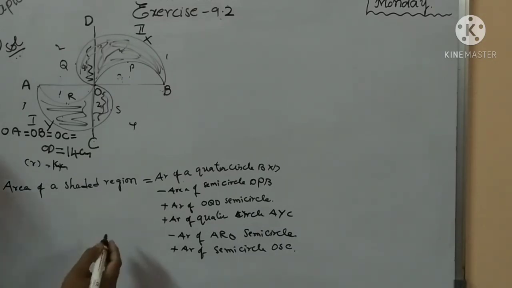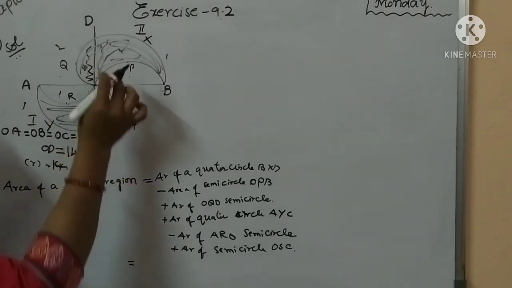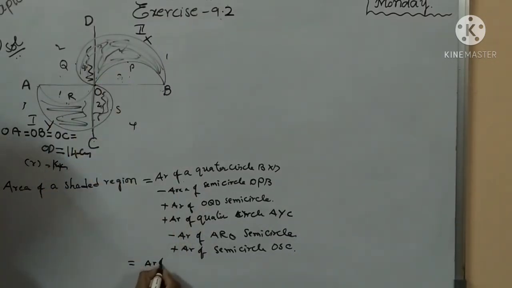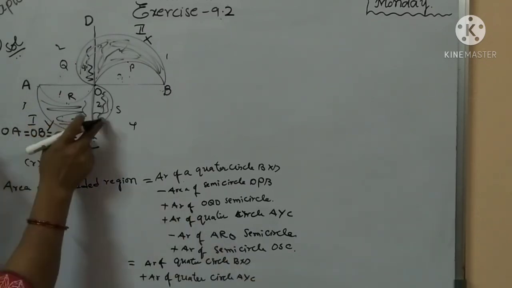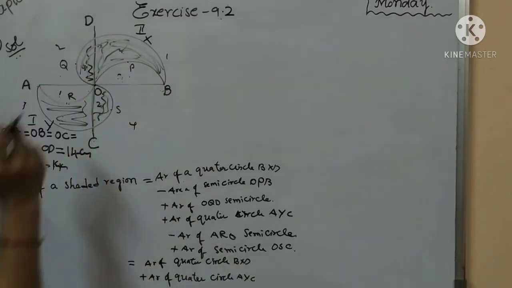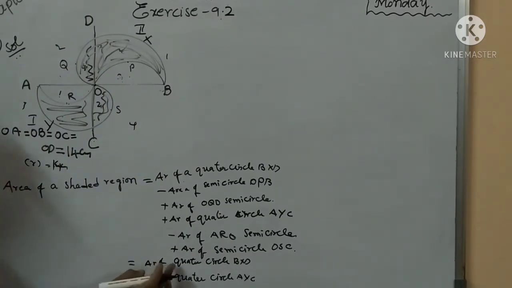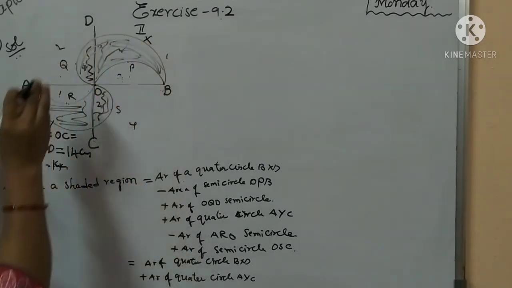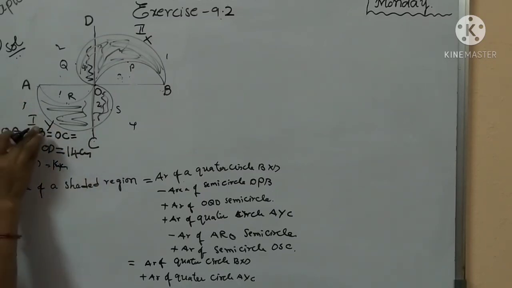So finally, it is adding this part: area of quarter circle BXD plus area of quarter circle AYC.